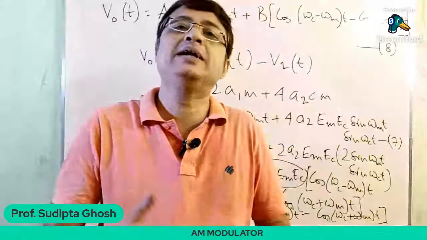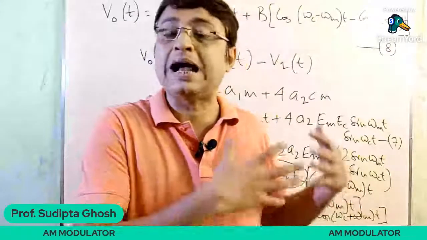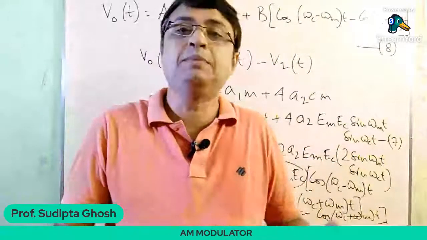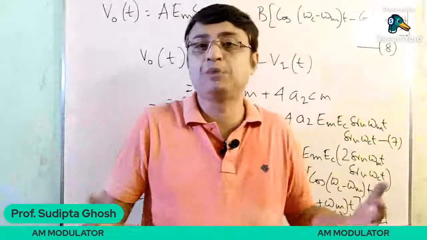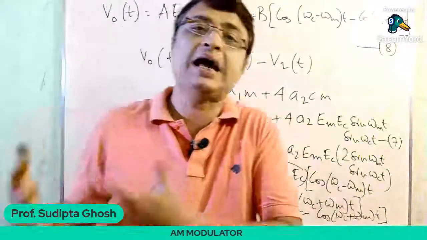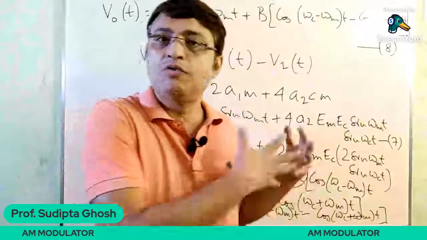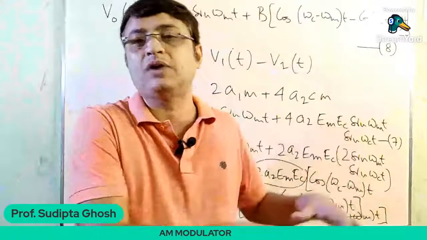In our next class we will move towards the amplitude demodulator. After the modulator, we have already learned how to generate the amplitude modulated wave from the theoretical aspects, and now we have applied it in electronic circuits.